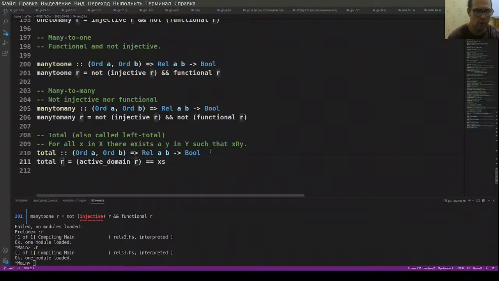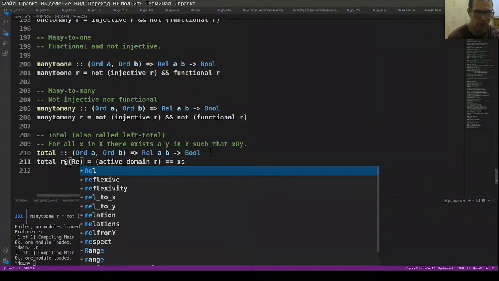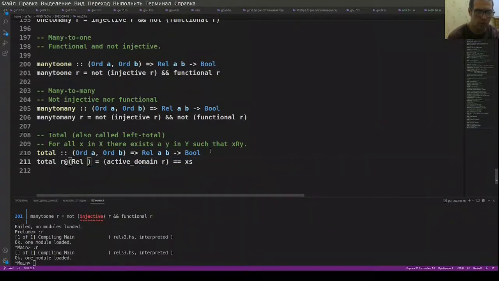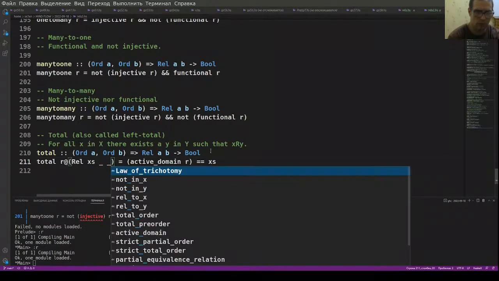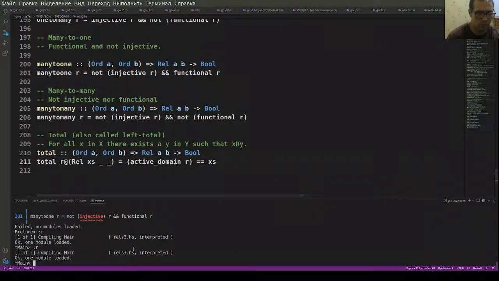And of course, we can take this domain from our relation via pattern matching. So we take it like this. Okay, and this is a total relation.